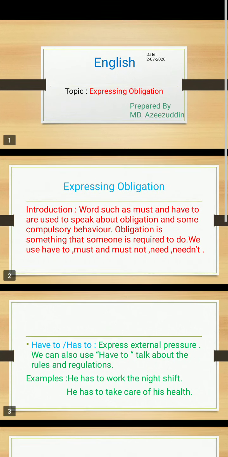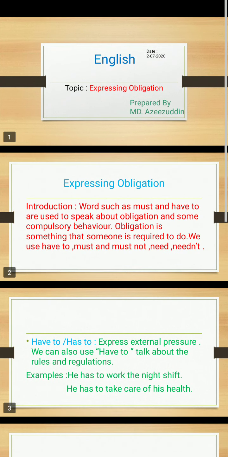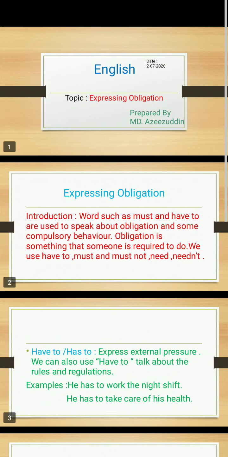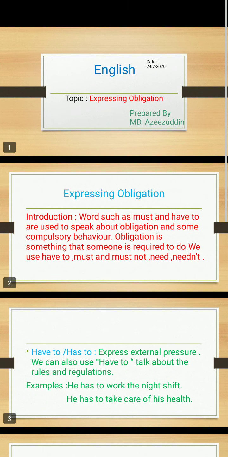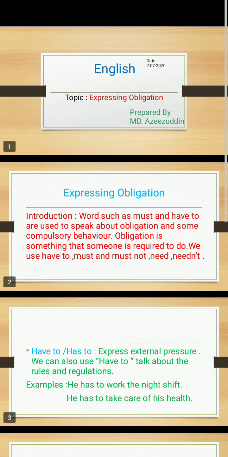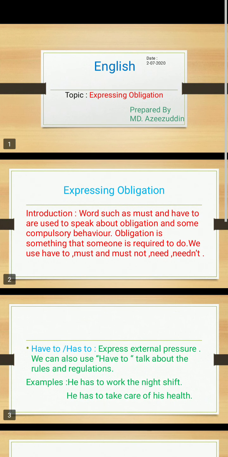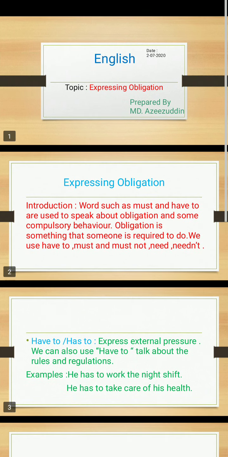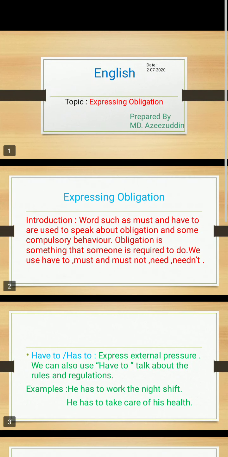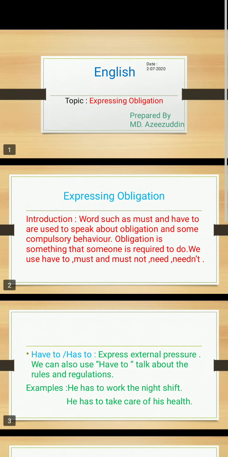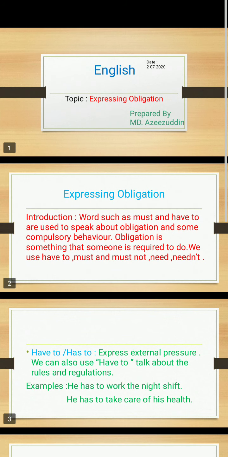What have you understood here? Some external pressure works on you, for that has to is used in this sentence. The second example: he has to take care of his health.